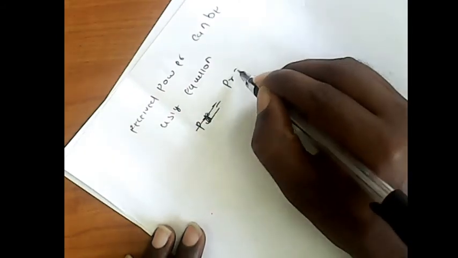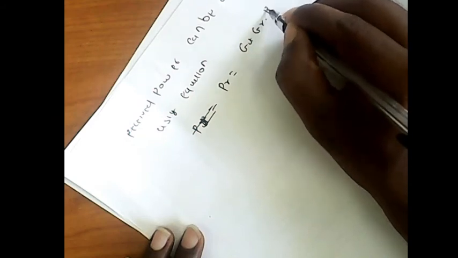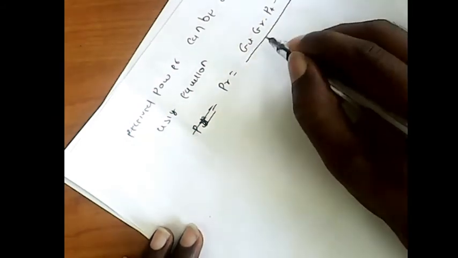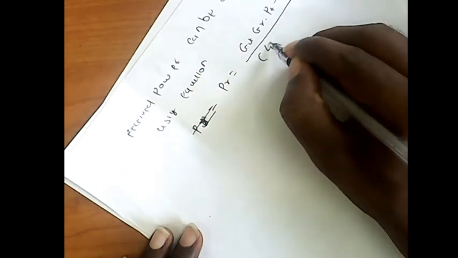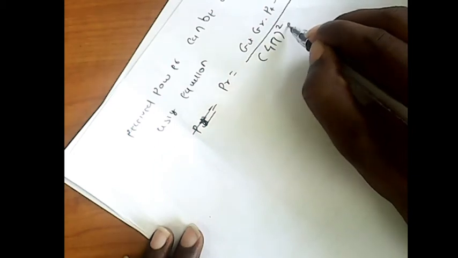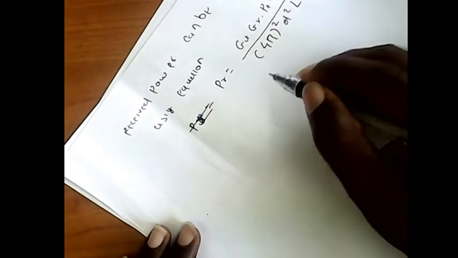So PR is equal to GT GR PT lambda square divided by 4 pi square into d square into L.